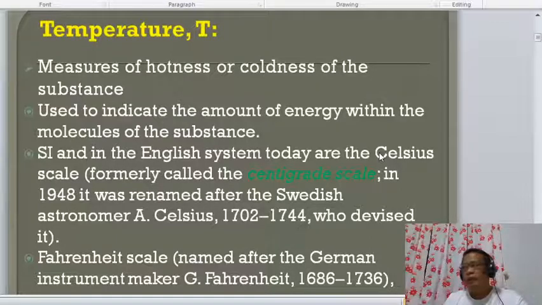Formerly, the Celsius scale was called the centigrade scale. Of course, this is named after the Swedish astronomer Anders Celsius. Another is the Fahrenheit scale. This is also named after Gabriel Fahrenheit.